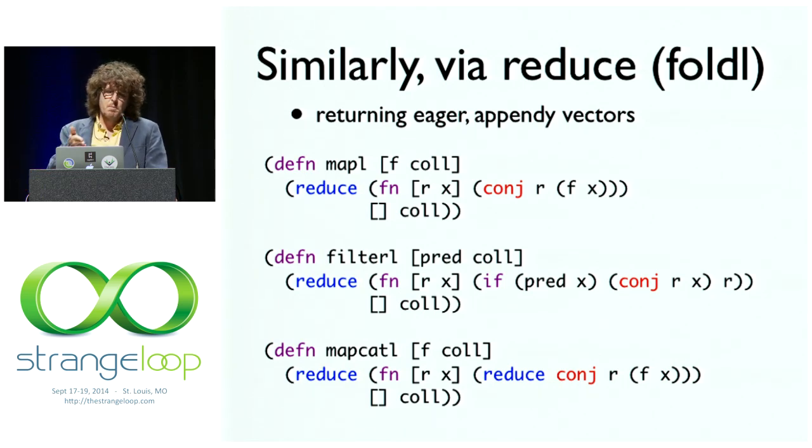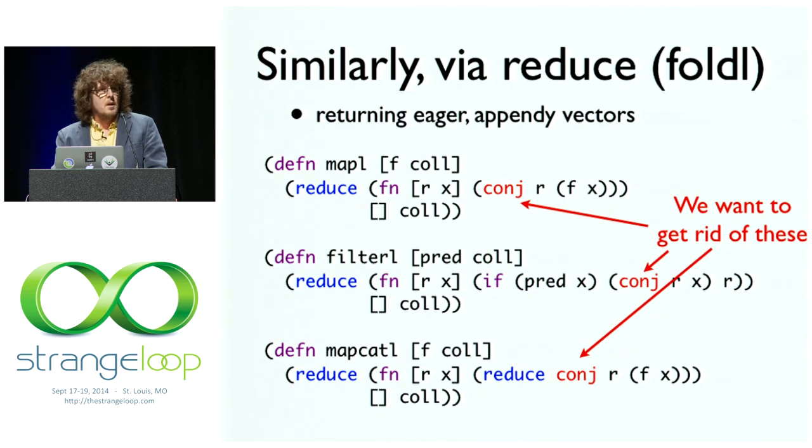As programmers, we've mucked this up, because look at what's happening here. Map says there's this fundamental thing that you do to everything as it comes through. Filter says there's this fundamental tiny thing that you do to everything as it comes through. And mapcat says there's this fundamental tiny thing that you do to everything as it comes through. What's the problem? Conj.